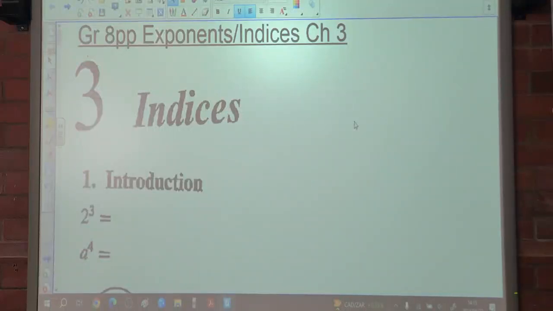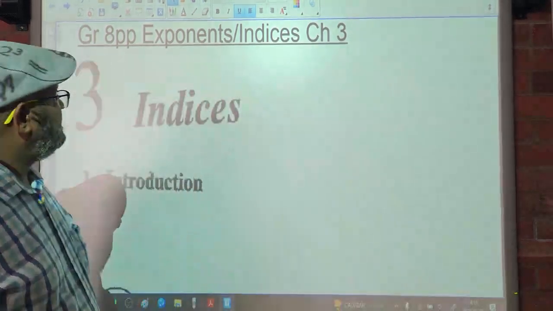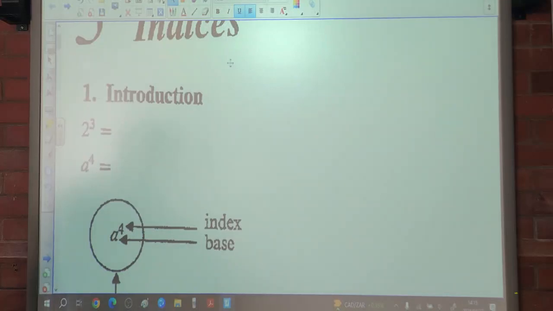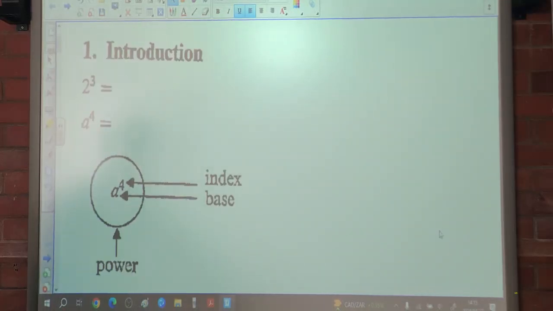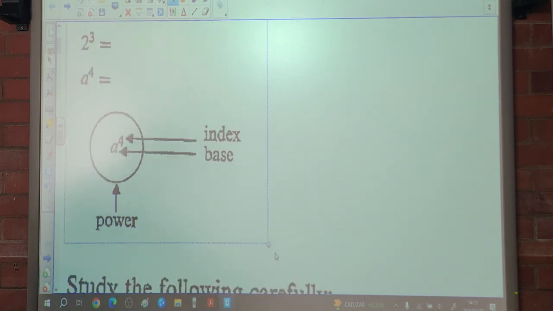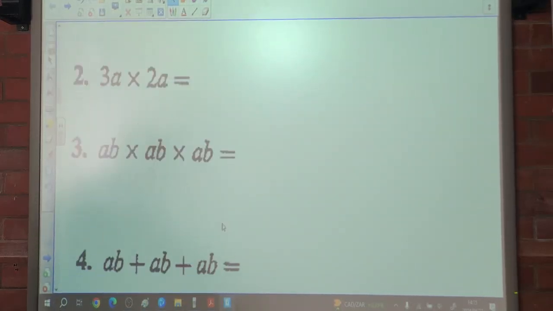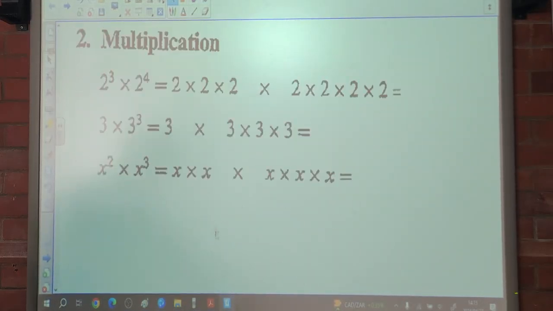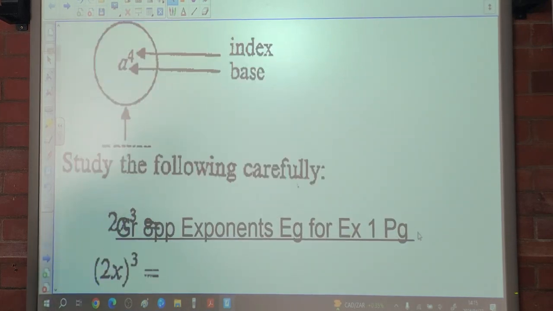So today we're looking at exponents, also known as indices, which is chapter 3. So, introduction: something we've been exposed to before.